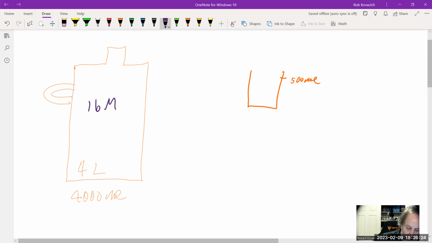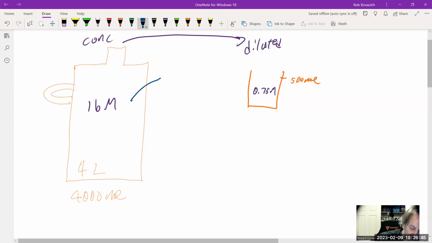And this stuff over here, I only want it to have a concentration of 0.75 molar. So this is dilute. So I want to take this concentrated stuff and I want to dilute it down. So what we're going to do is we're going to take a small amount of this and add it to this container.